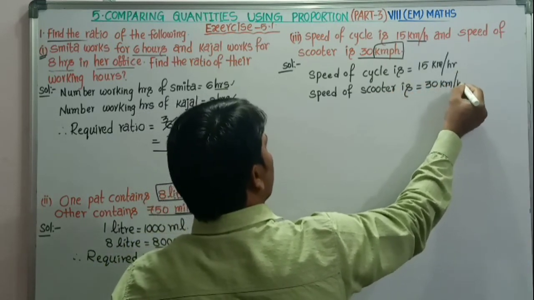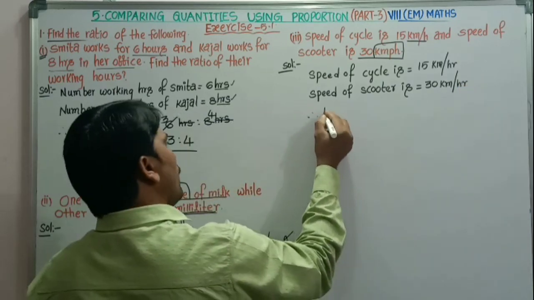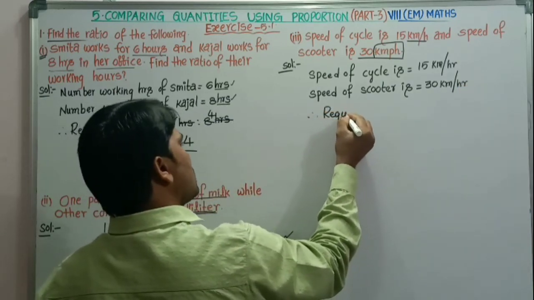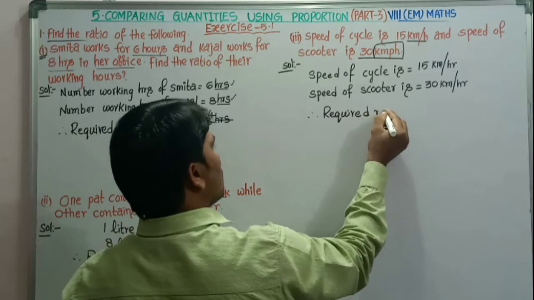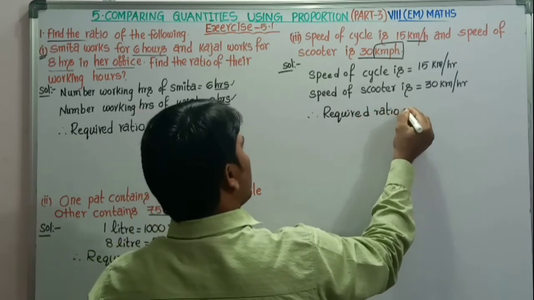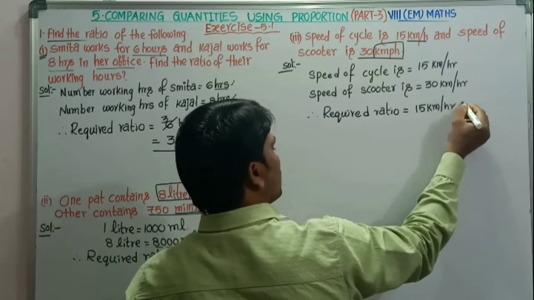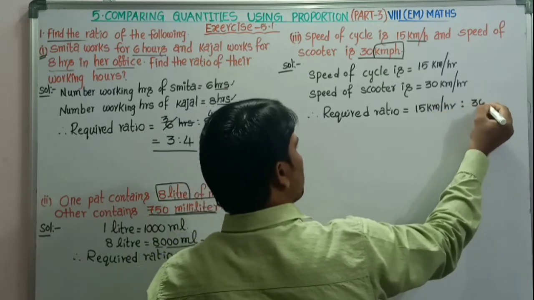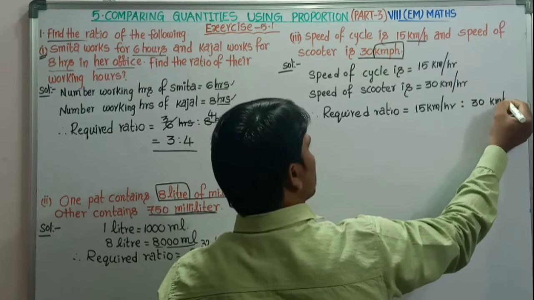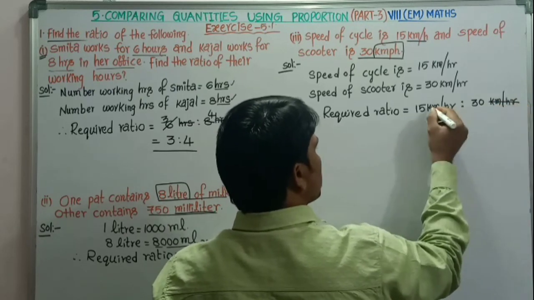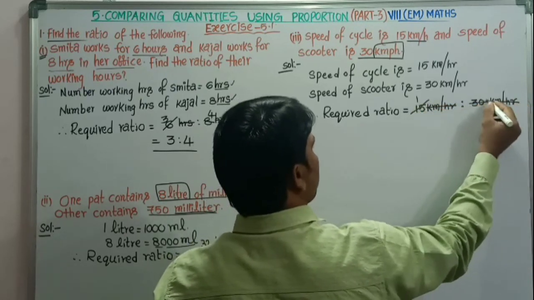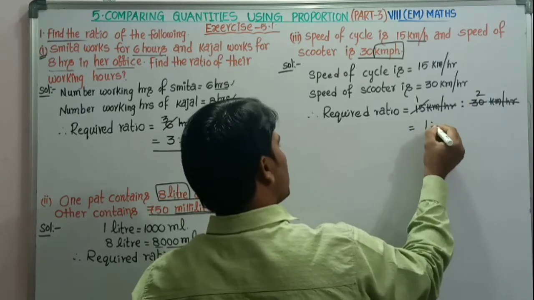So the ratio of their speeds, that is the required ratio, is speed of cycle to speed of scooter. Units get cancelled. 15 ones, 15 twos. That is 1:2.